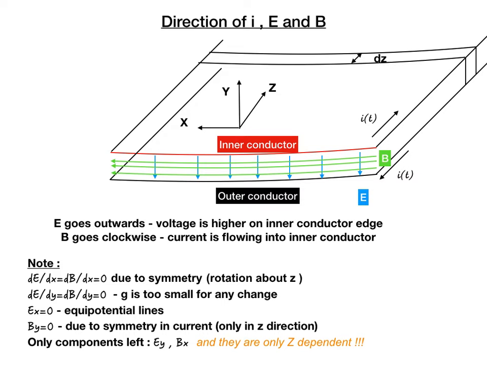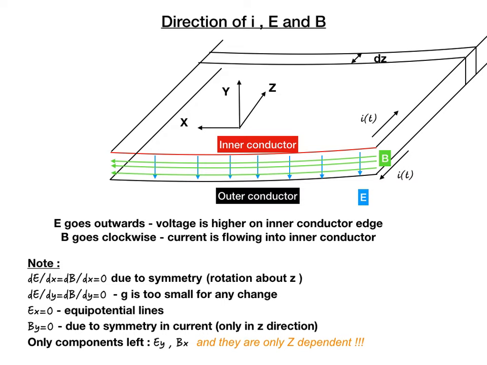We can assume that the electric and magnetic fields do not change in the y direction. Also in the x direction, the electric field is 0 because we have a perfect conductor, and these lines are the lines of equal potential, so it doesn't change along this axis.